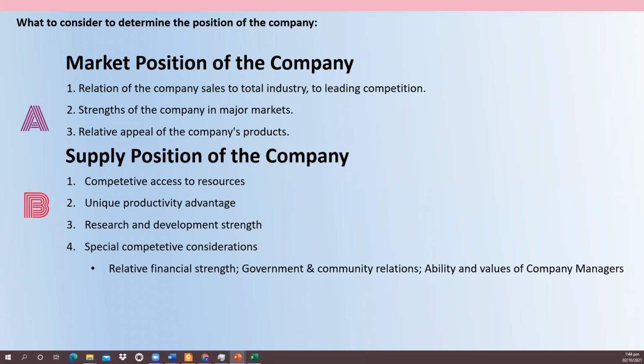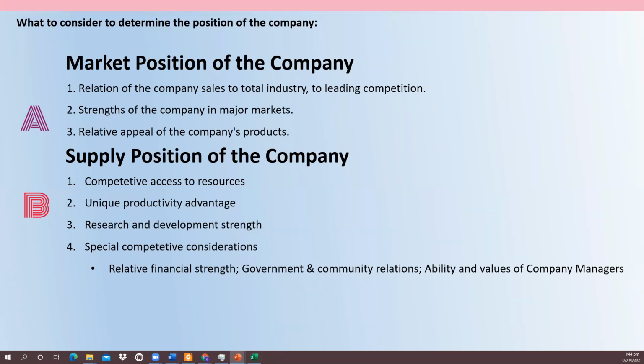Yung company sales versus the sales of the total industry. So you can compare kung gaano kalaki or gaano kakaliit sa industry na yun. Like for example, 2% ka lang naman sa buong industry. So meron silang mga thumb rule naman yan kung ano yung acceptable.